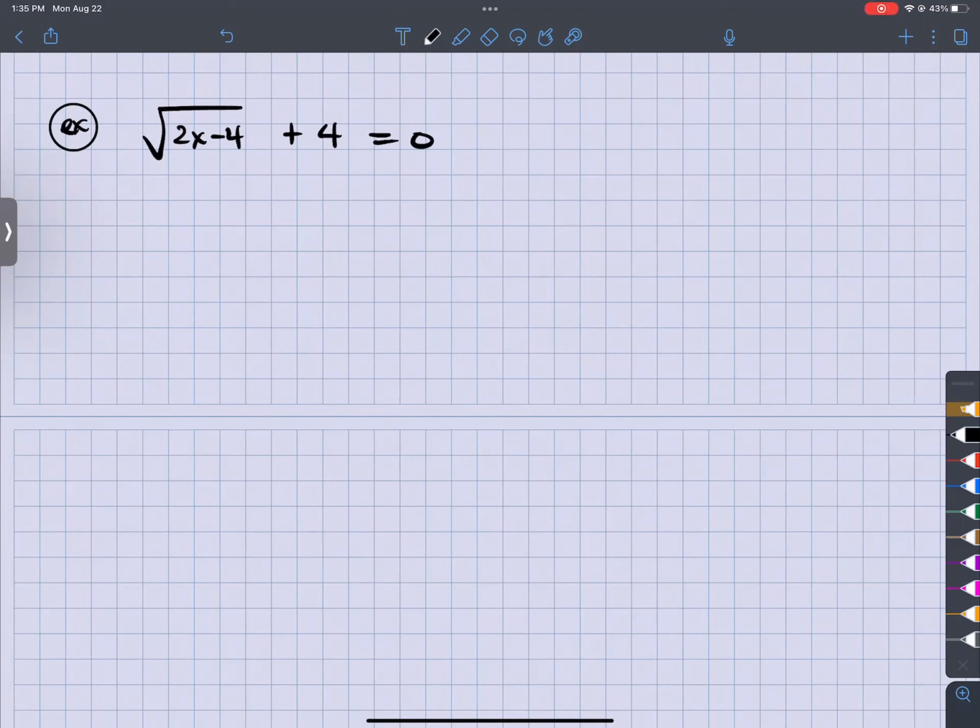What does the first step mean when I say get a radical by itself? Okay. Got to move the 4 over to the other side. And then I have to square both sides.